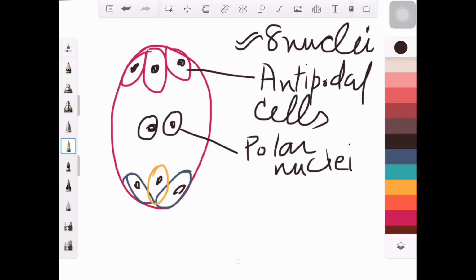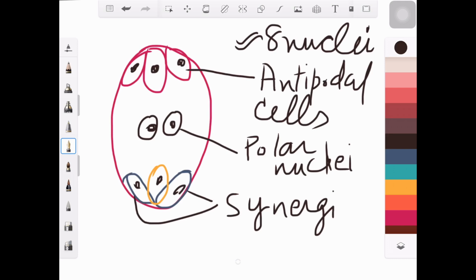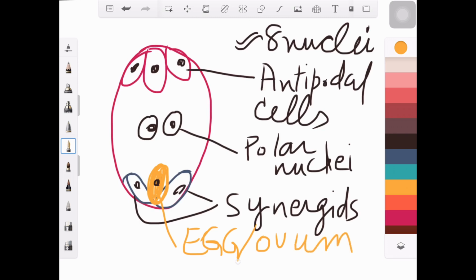And the last ones lying here are the 2 synergids. While the yellow one, which I have drawn in yellow color, is the egg cell, that is the ovum which has been formed.